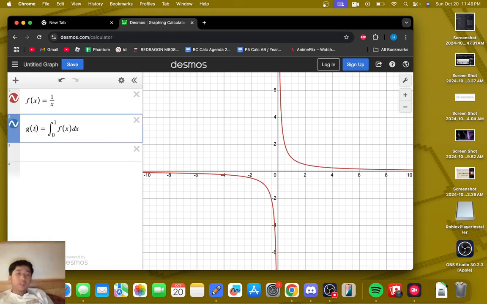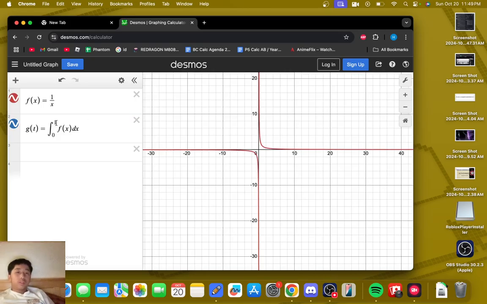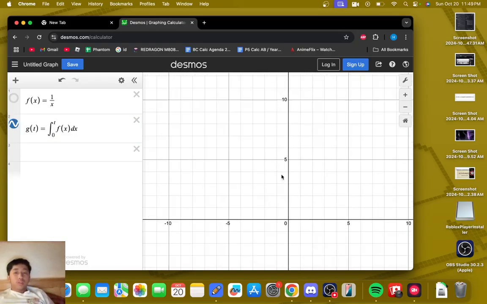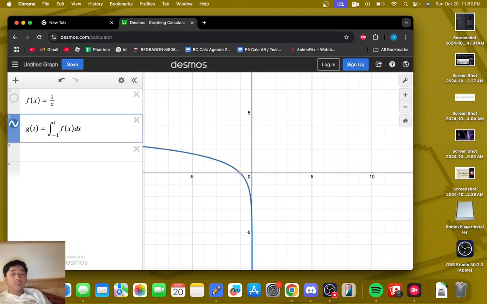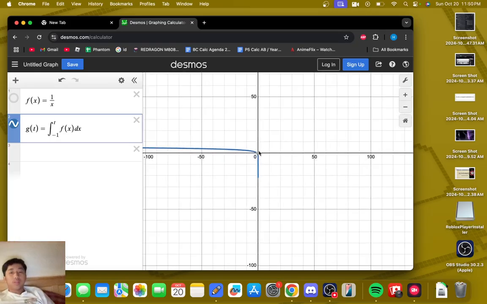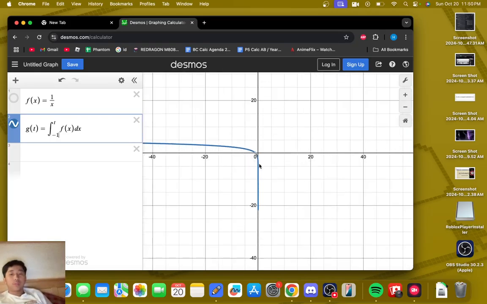Oh wait, I have to make this t because the variables on the top cannot be equal. Notice how I can't do 0 to t in the function. But what if I did -1? Now it works. But notice how it stops when it approaches 0. It doesn't even load after this. So you see, I can get it from the negative side, but after that, it doesn't work.